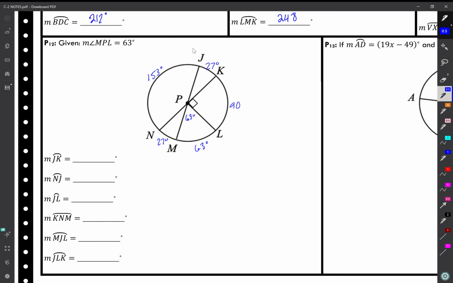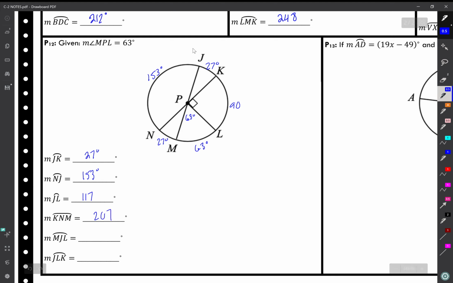So all that I've just done from just looking at it. So we can use all this information now to fill in the blanks. JK we found to be 27. NJ we found to be 153. JL, so that is 27 plus 90, so it's 117. K and M, okay, N, so it's 180, plus the M right there is going to be 207.